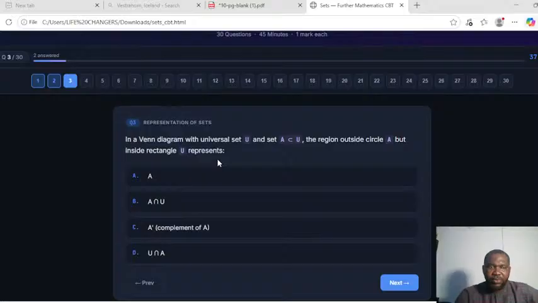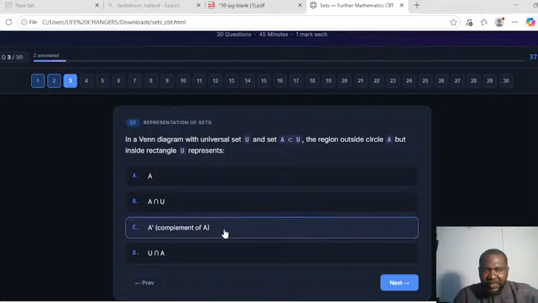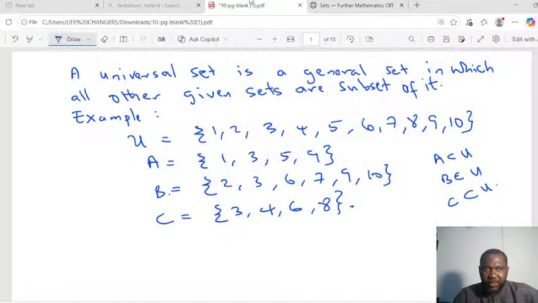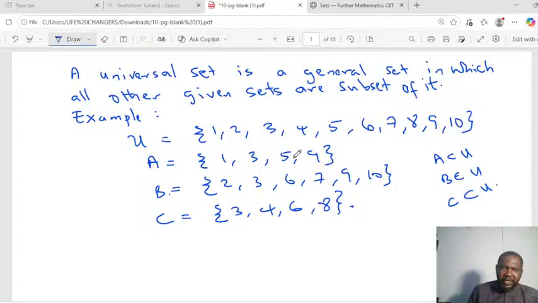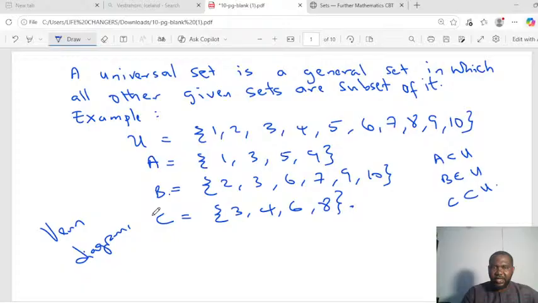You guys won't know this, but the answer is C. This one is what we call Venn diagram. This is the spelling. It is called Venn diagram. So I'm still going to teach you guys that. You will not understand that now, because I've not taught you guys complement.